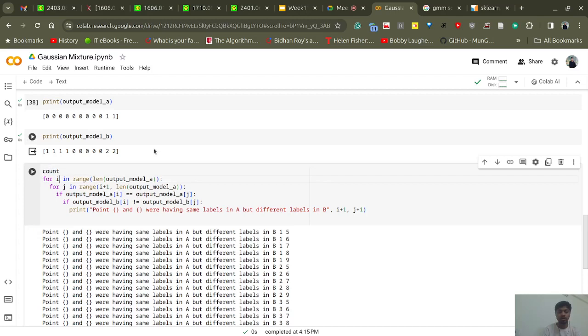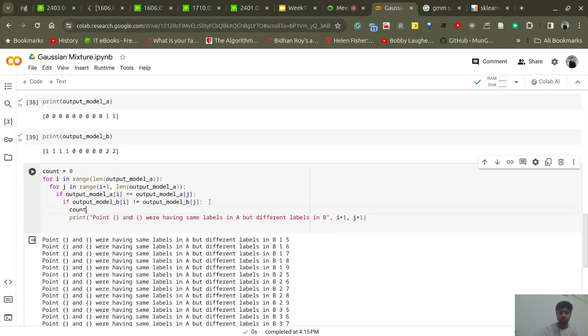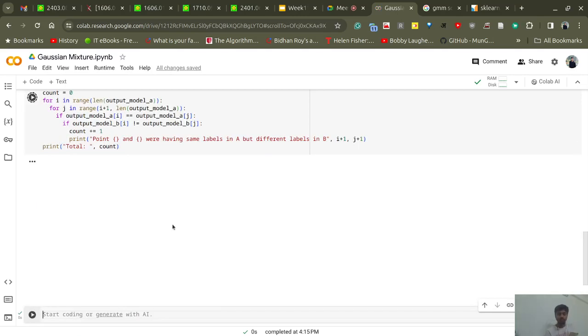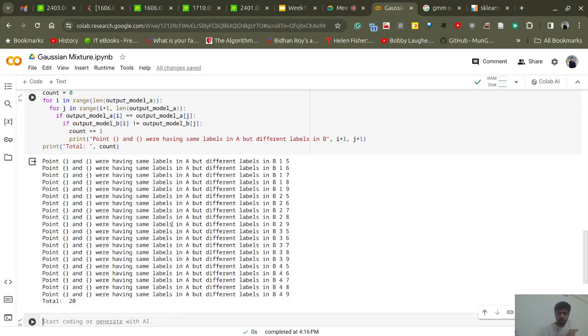Count equal to 0, and okay, so total 20 such pairs are there where it was similar earlier, but it is different now.